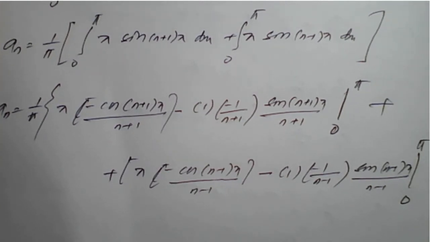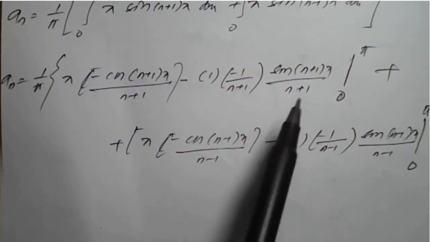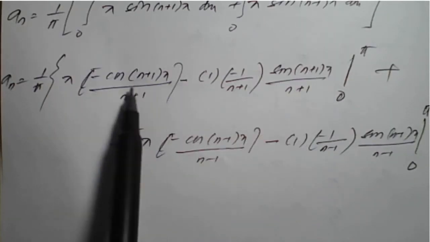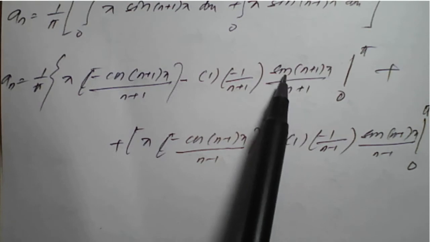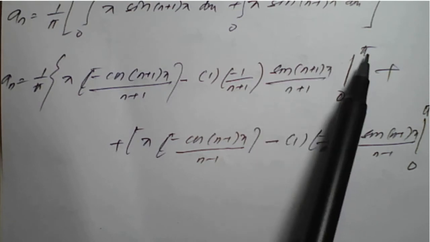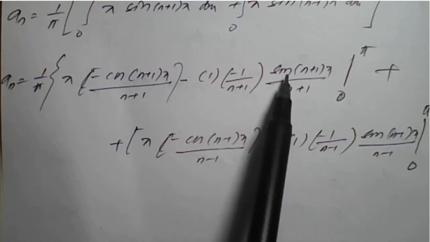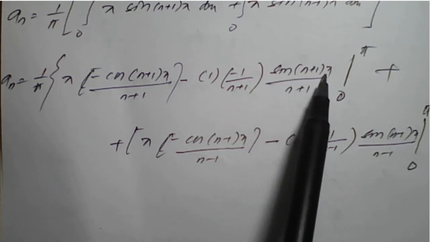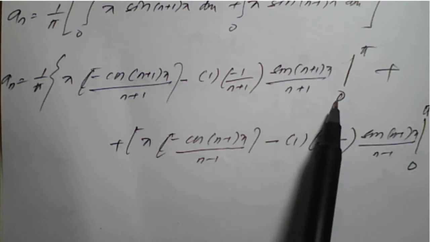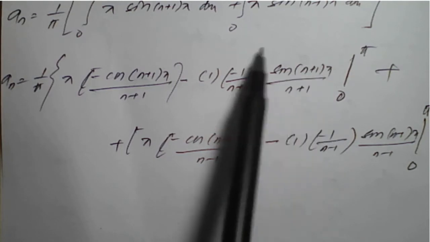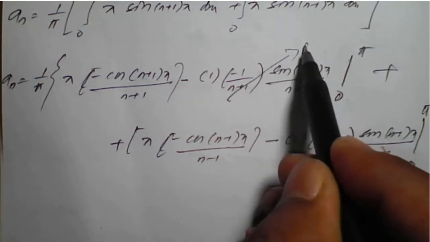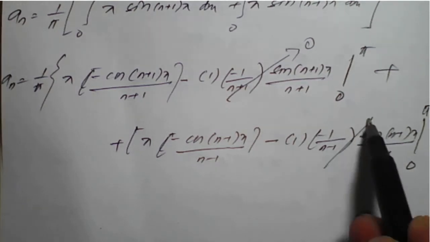So on simplification of these limits, if you apply the upper limit, the first term will give a result, but the second term is again a sine term. If you apply upper limit, sine of (n plus 1) pi will become 0, and if you apply lower limit sine of 0 is 0, so this will vanish completely, and the last term also will vanish.